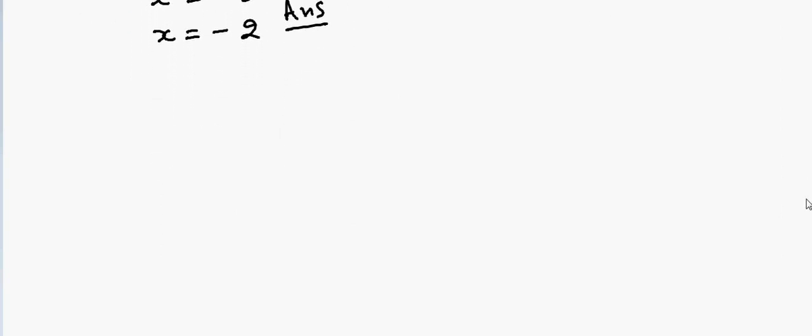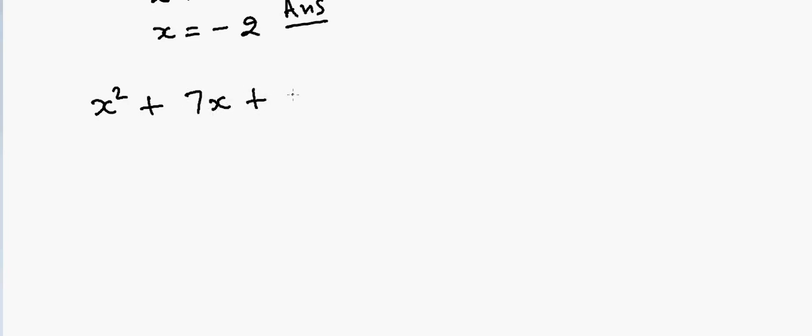So let's take another example. If I have x square plus 7x plus 12 is equal to 0, how will I solve this equation? Again, I need to find two numbers.